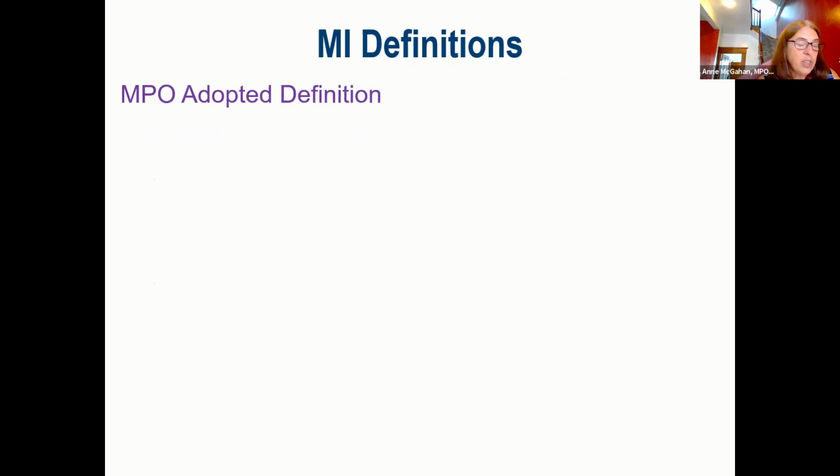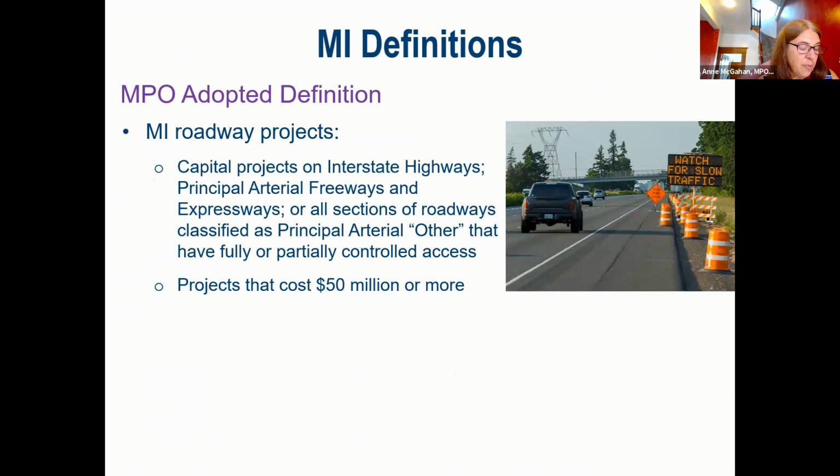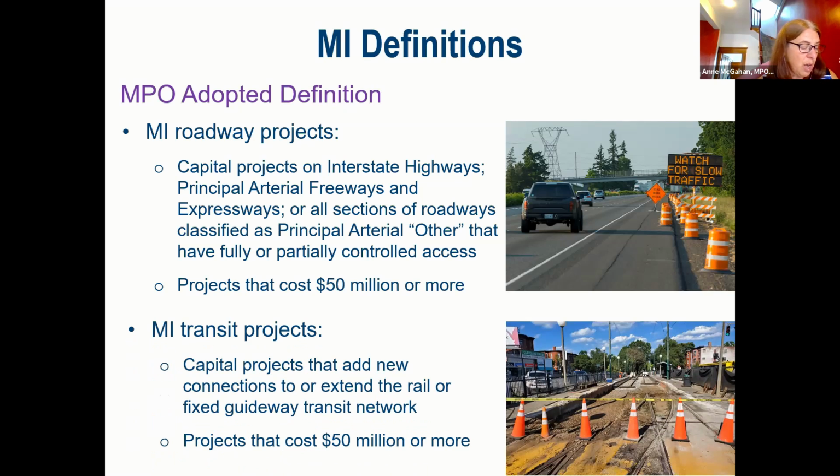So this was the information that, as I said, we presented at the MPO meetings. And this slide, if you just click again, shows the definition that was adopted for roadways at the August 20th meeting. And then the next shows the transit definition.